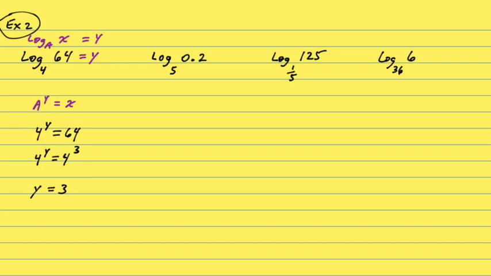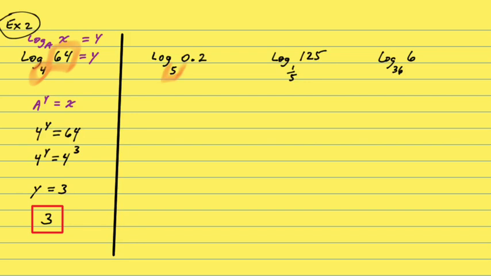So the bases are equal, the exponents have to be equal. So the answer to this logarithm is 3. In other words, the easy way to think of it is 4 to what power is 64?